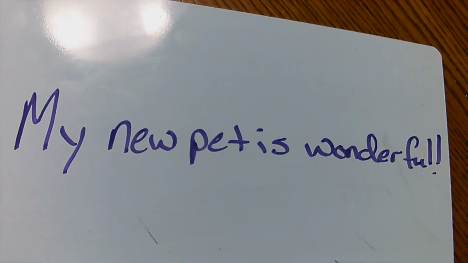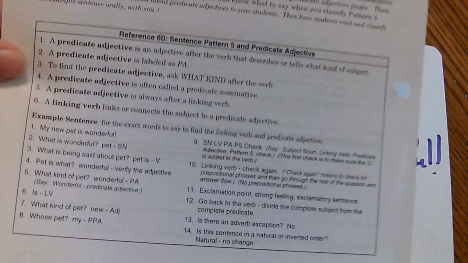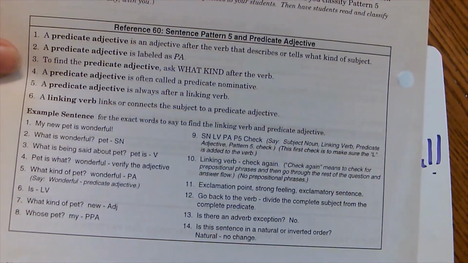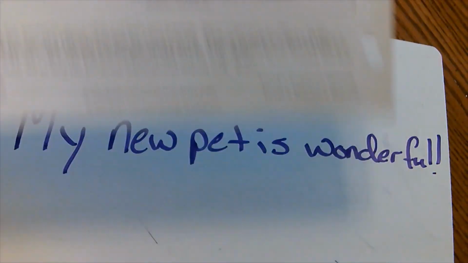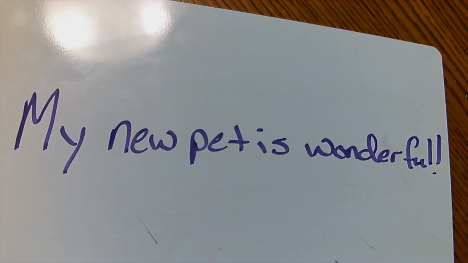All right. This is what it looks like. It's reference 60, the sentence pattern 5. That's what we have in the files under Teams. But you can follow along with this. I'm going to run us through the question and answer flow for a predicate adjective.